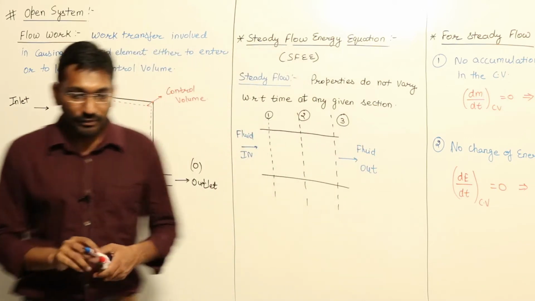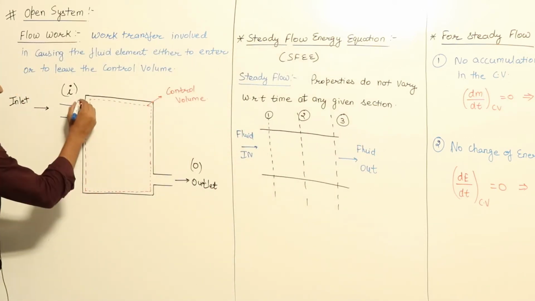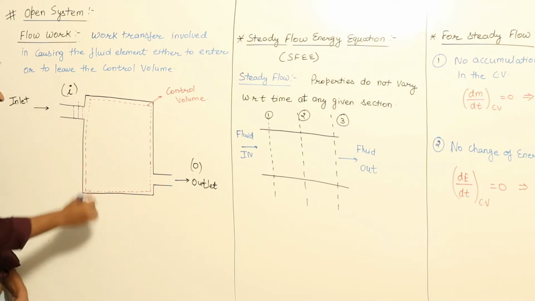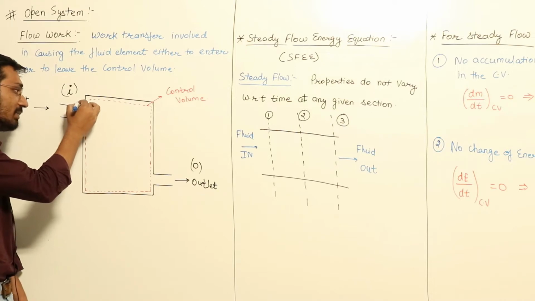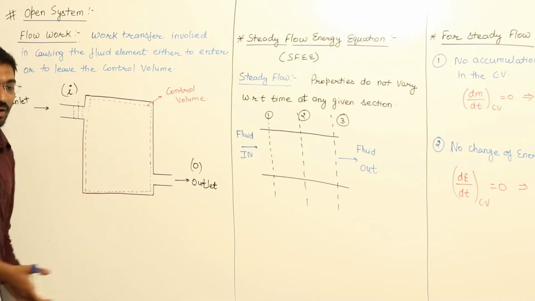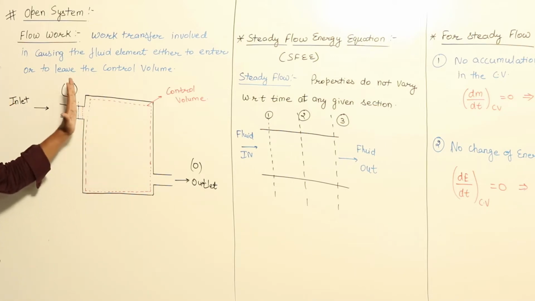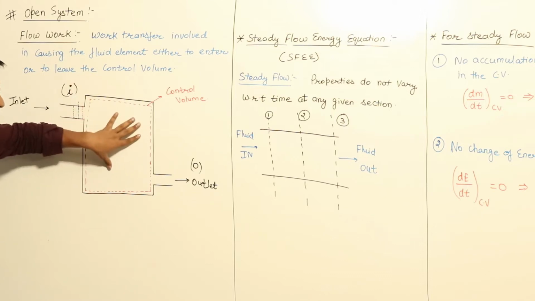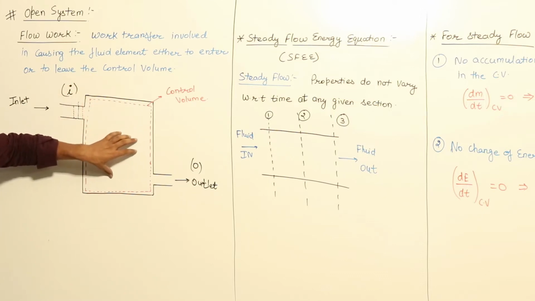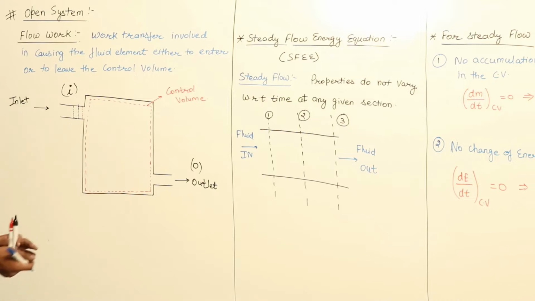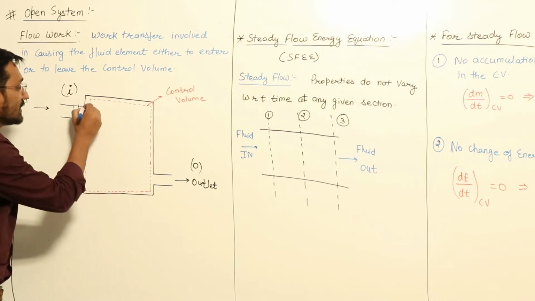Now I am only considering that this blue layer has to enter this control volume. Here some fluid particle is there, and it has to enter the control volume. For this blue layer to enter, it has to push this red layer.